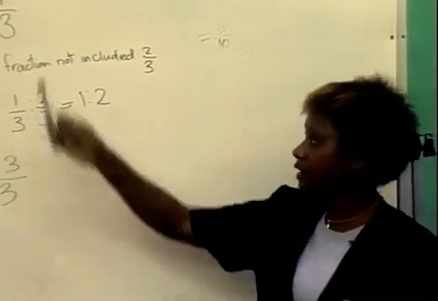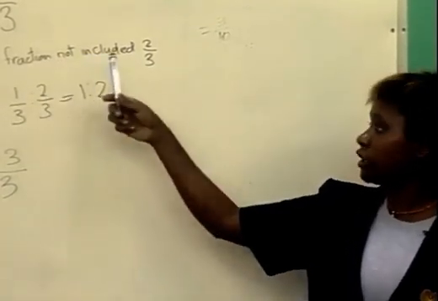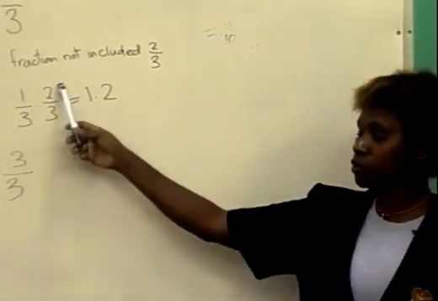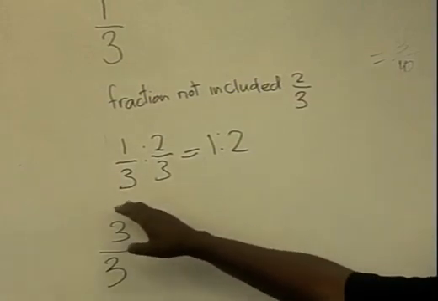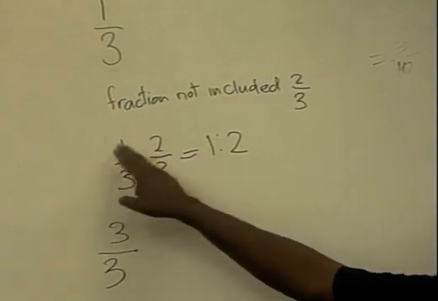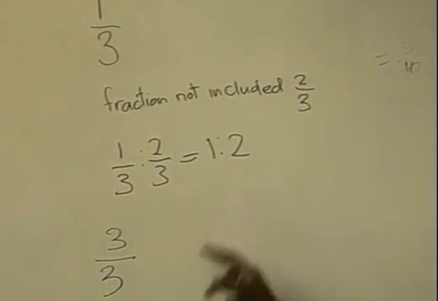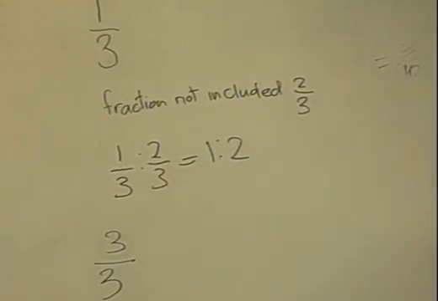So seeing that 1/3 is given, she has put up here the fraction not included is 2/3. 1/3 is to 2/3 equals, the rule is once you have the common denominator, you only look at the numerators and write them as your ratio. So in this case, Dinah is correct with the answer.